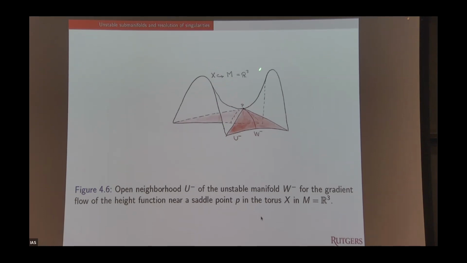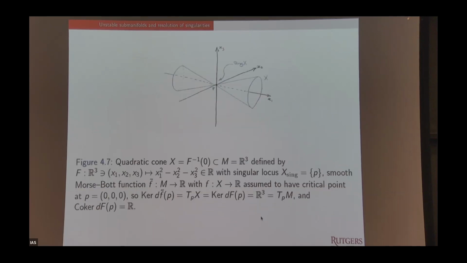All right, so this is a smooth surface. What about something that's not smooth? One of the first examples you'll learn about in introductions to resolution of singularities is how you resolve the quadratic cone. So here we have a nice surface in 3-space, M is 3-space in this picture, and just one singular point.